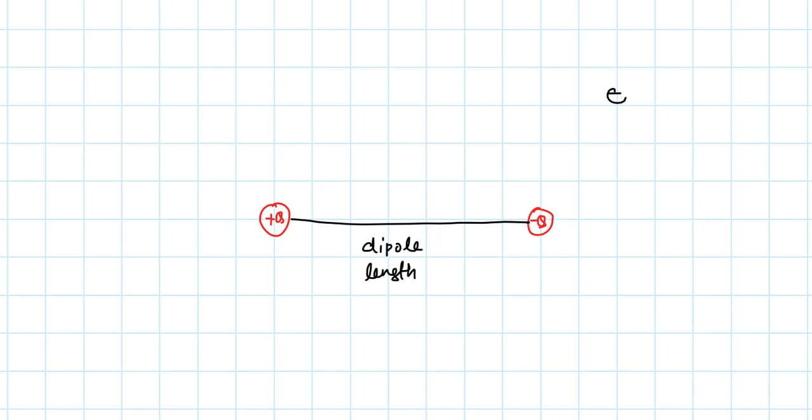So an ideal dipole would be two equal charges with opposite polarity separated by some finite distance, and the distance between the two centers of charge is called the dipole length, and the magnitude of charge in one of the centers of charge is Q.